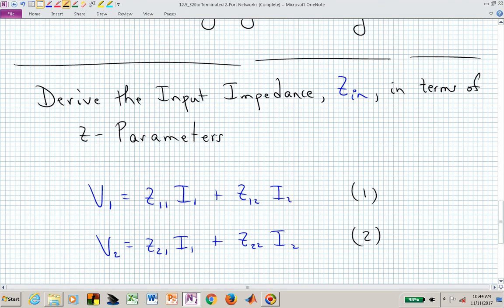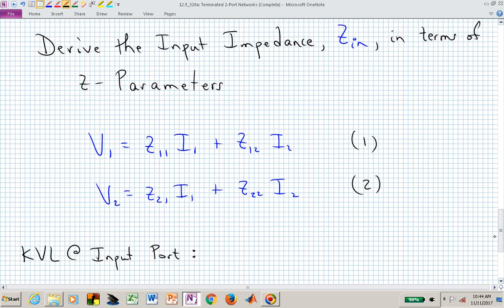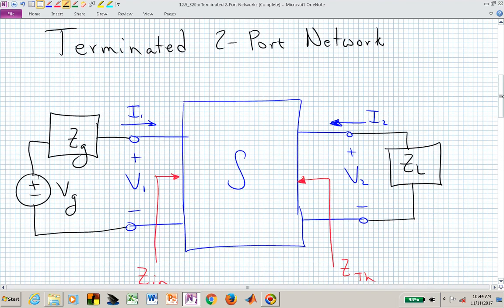We obviously have the relationship from our Z parameters relating these four variables, V1 and V2. We'll call those equations 1 and 2. We could also perform KVL at the input port since we now have this terminated on both sides.